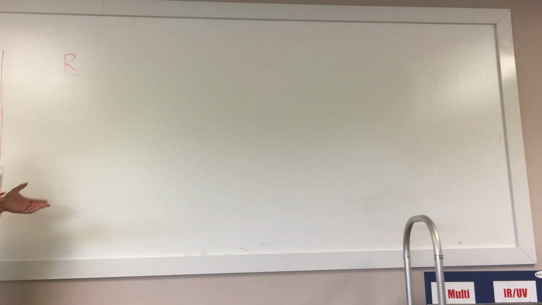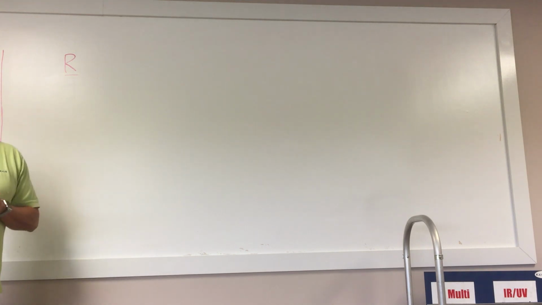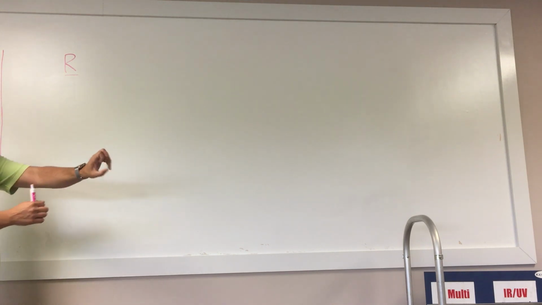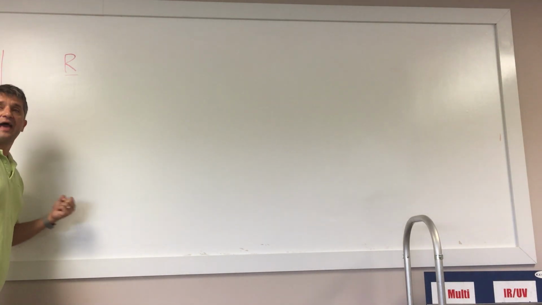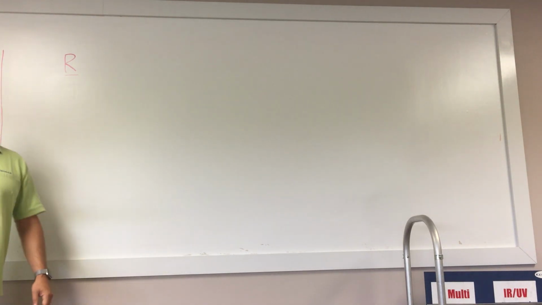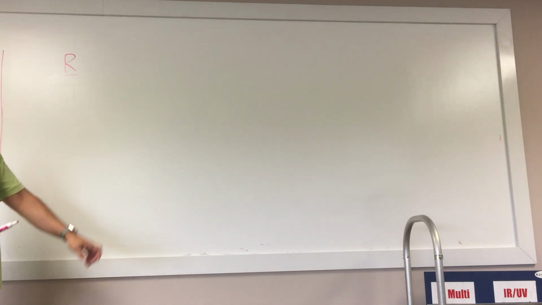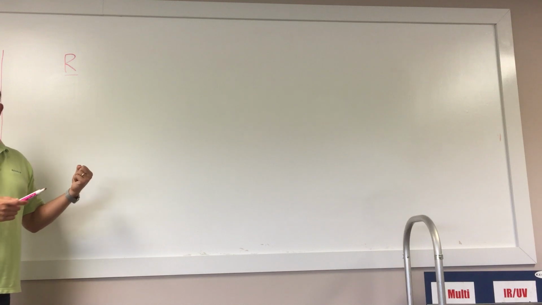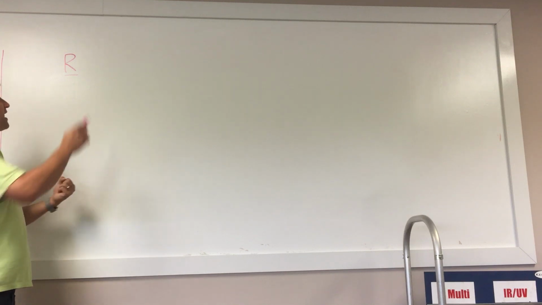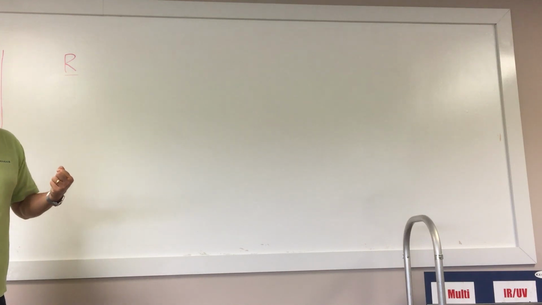So if I had a light bulb in a closet, so I open the door to the closet and I put a light bulb in, turn the light on, and then I'm going to close the door, leave, come back a year later, open the door, what is the probability that the light bulb is still lit? That is the reliability.